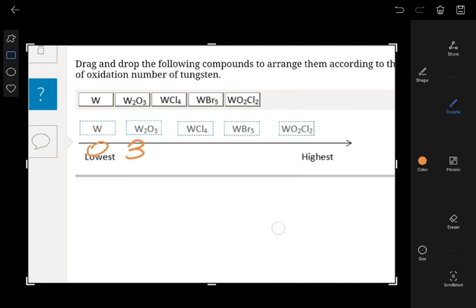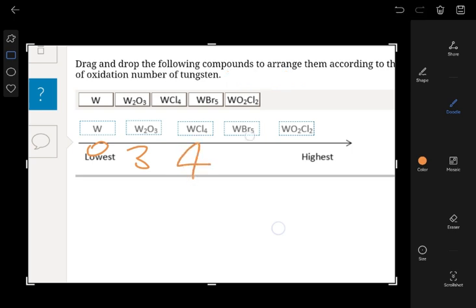Now I said last time that Cl and Br, almost all halides, are usually -1, except with oxygen. They're not with oxygen here, so you equate it as -1. So that means x plus 4 times -1 equals 0. So x is just 4.